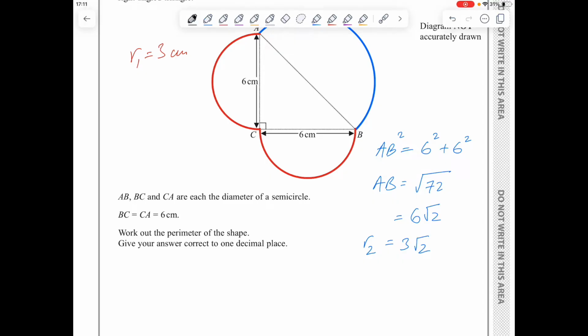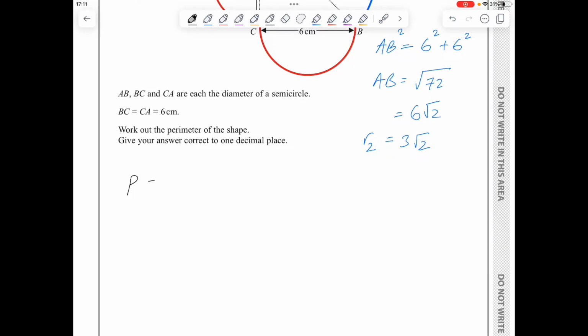So now I can find the perimeter. So perimeter equals 2 pi r. Note that I have two semicircles with the radius 3, the red ones. If I put them together, I get a whole circle, plus a half times 2 pi r, with r being 3 root 2.